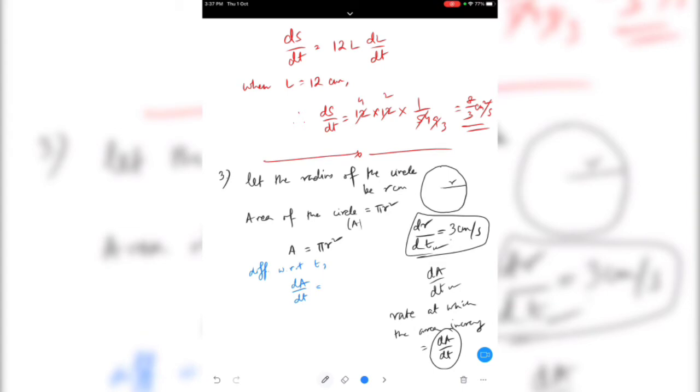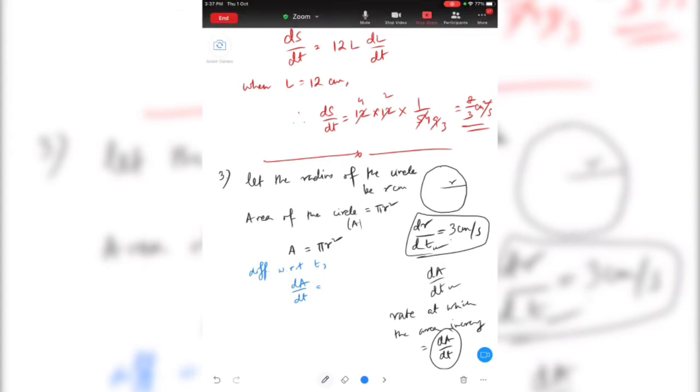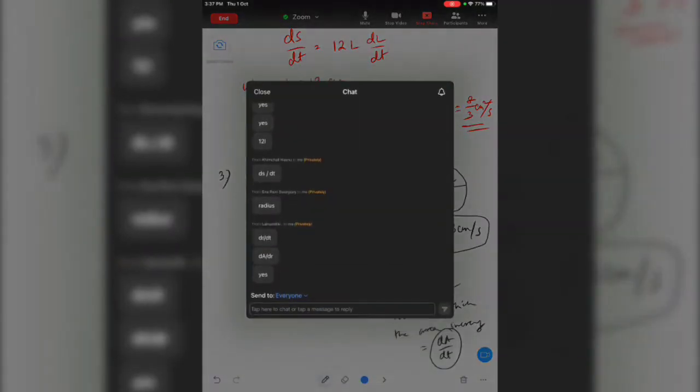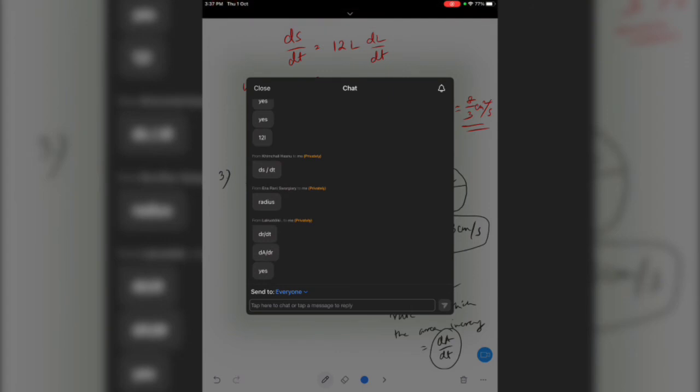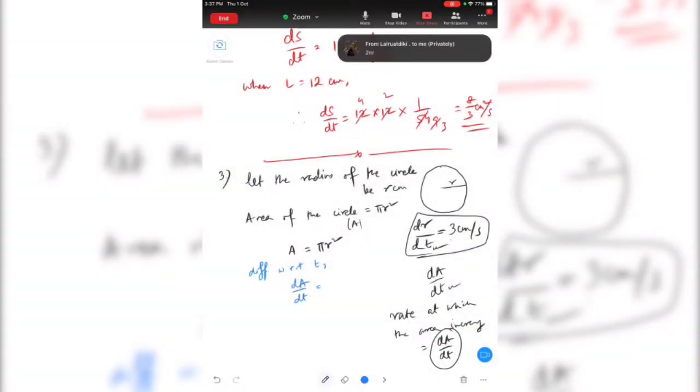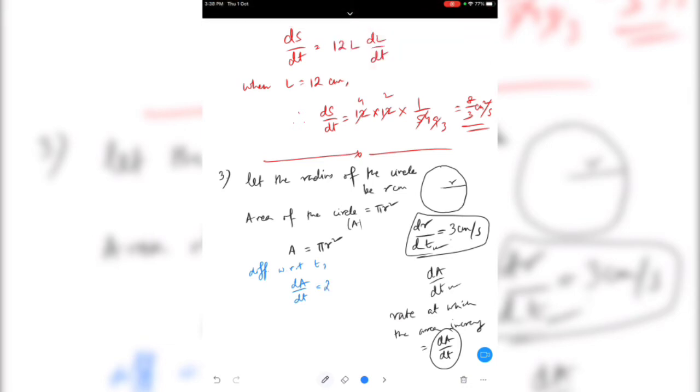What is differentiation of pi r square with respect to time? Yes, it's 2 pi r, but 2 pi r dr/dt. It will be 2 pi r dr/dt.